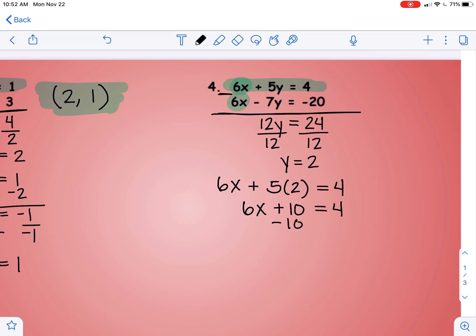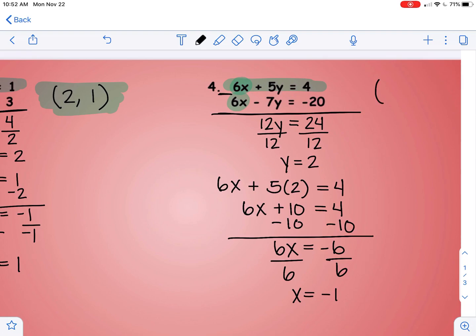I'm going to go ahead and subtract that constant on both sides to get 6x is equal to negative 6. I'm going to divide by 6 on both sides, and I'm going to get x is equal to negative 1. So then I'm going to come up here and write my ordered pair as negative 1, comma, 2.